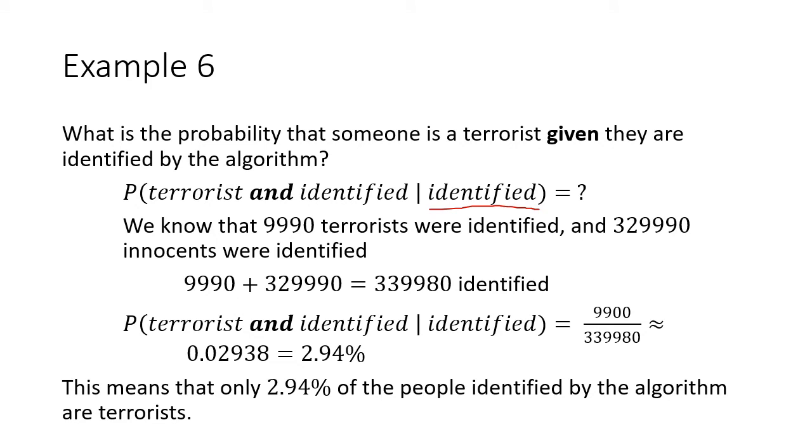Well, how many of those were terrorists? Those were the 9,990. And if we divide that, the event divided by the sample space, we get 0.02938, which is approximately 2.94%. So that means that of the people flagged by the algorithm, less than 3% of them were actually terrorists and dangerous individuals.